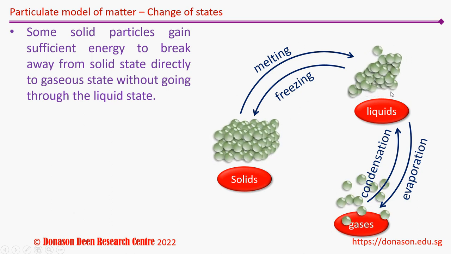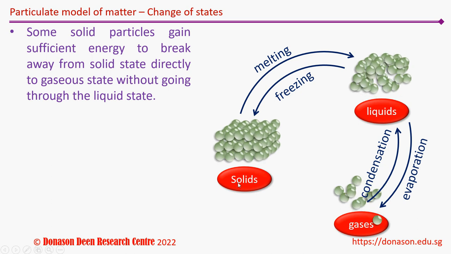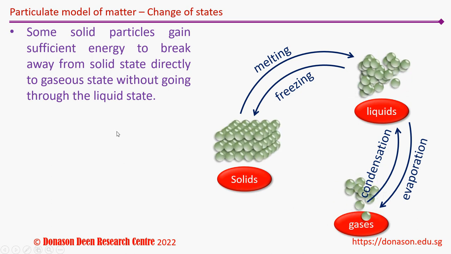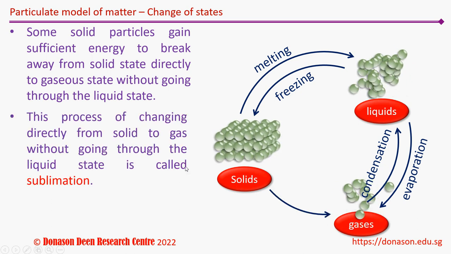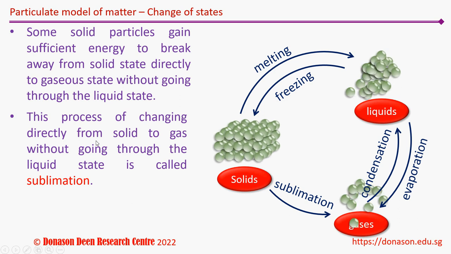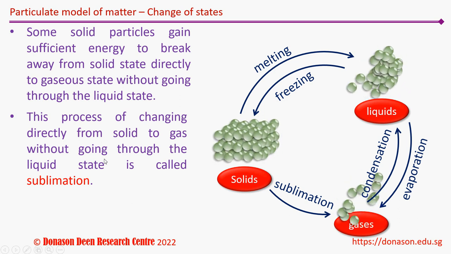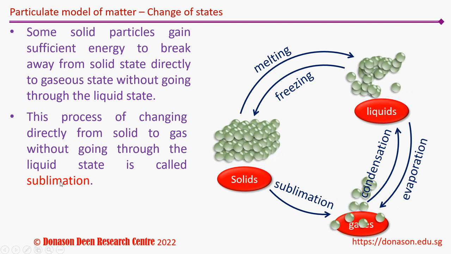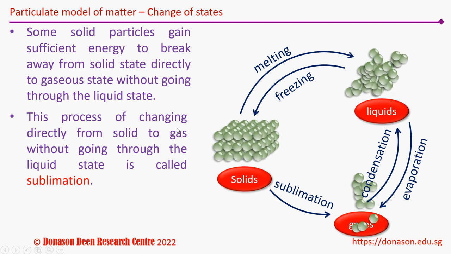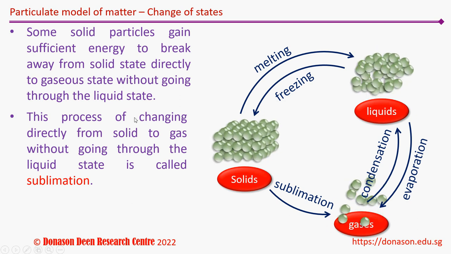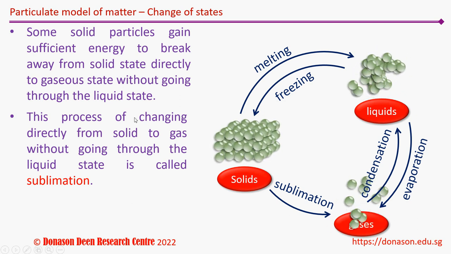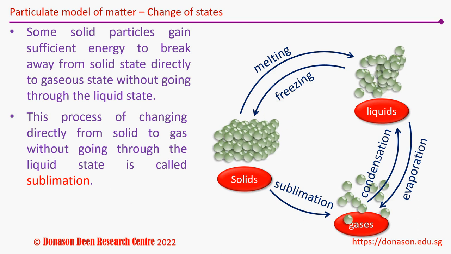That means without going through the liquid state. When it goes directly from solid state to gaseous state, we call that process sublimation. One example of sublimation from solid state to gaseous state would be mothballs.